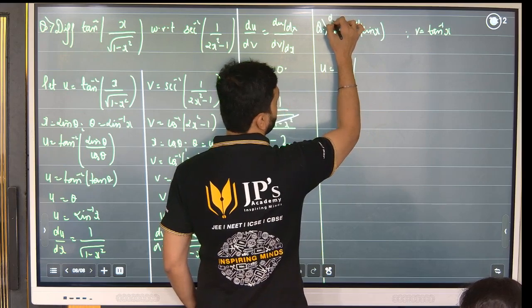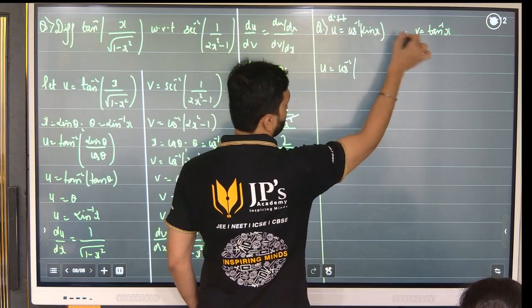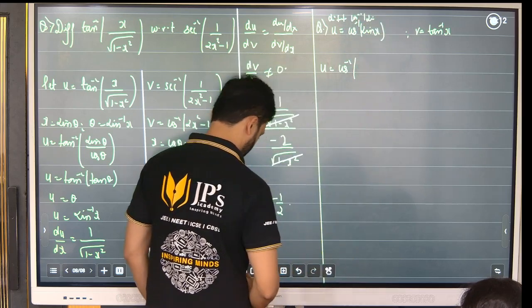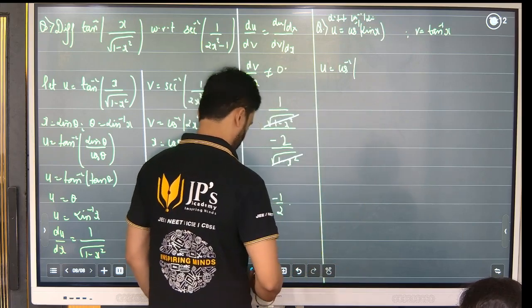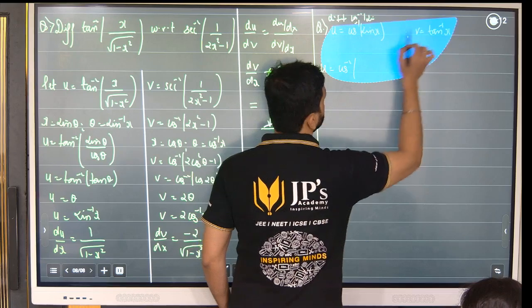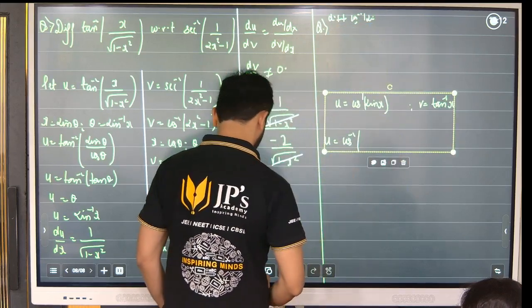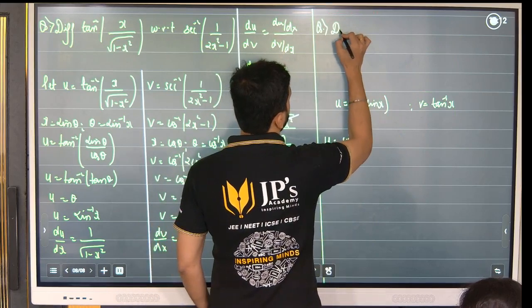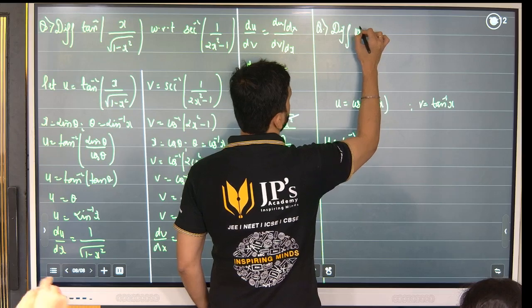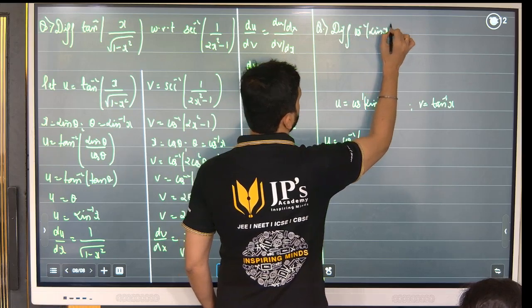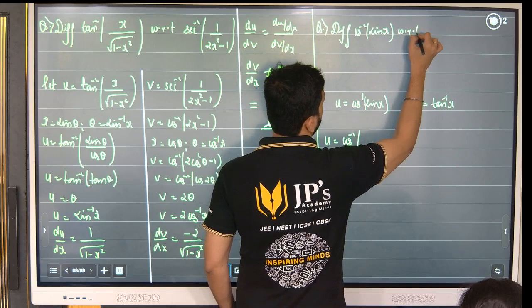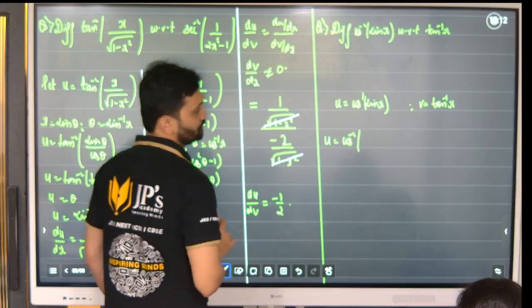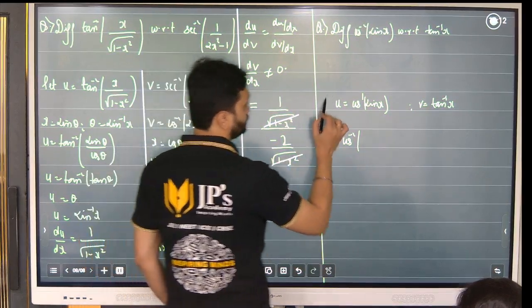The question is this: differentiate cos inverse of sin x with respect to tan inverse x.